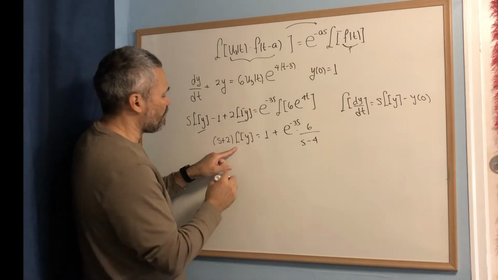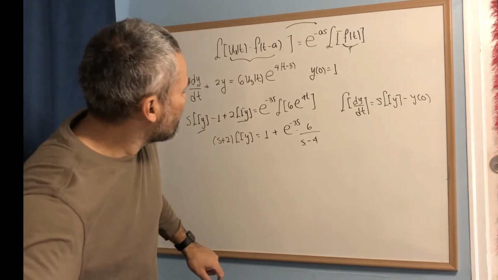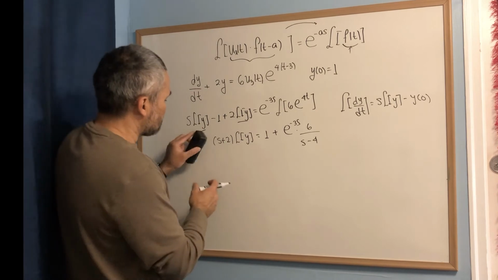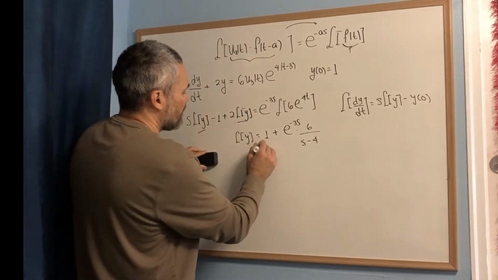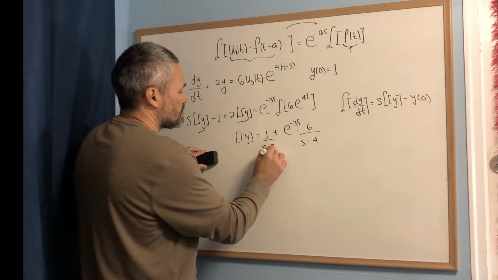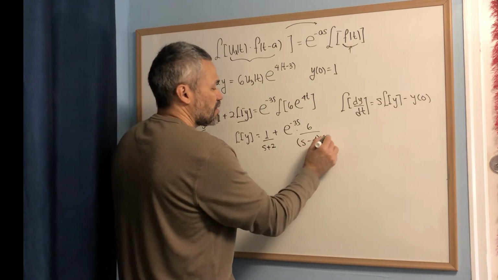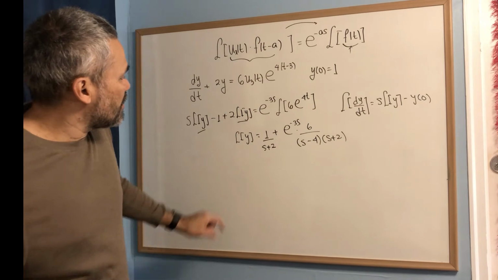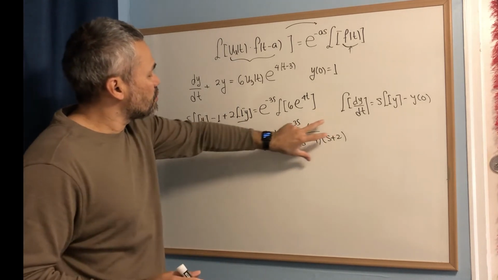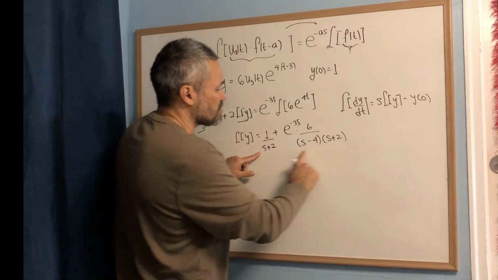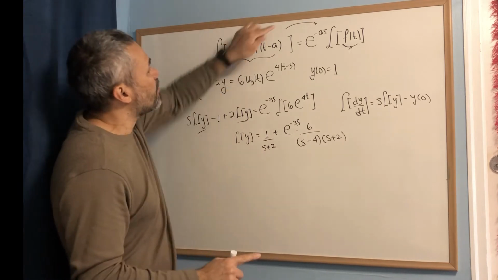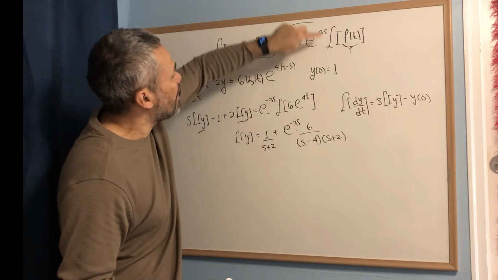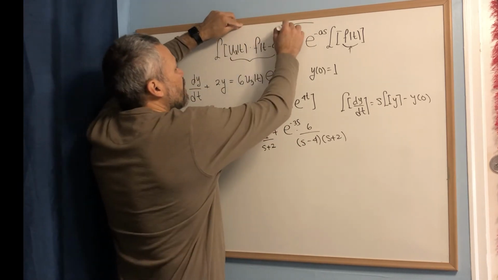And we solve for the Laplace transform of y by dividing by s plus 2. We get s plus 2 here, and we get s plus 2 here. Now, in order to compute the Laplace transform inverse of this, we're going to apply this formula, but now from right to left.